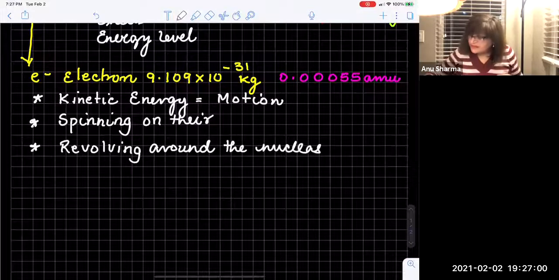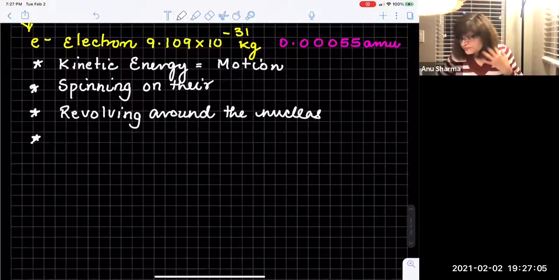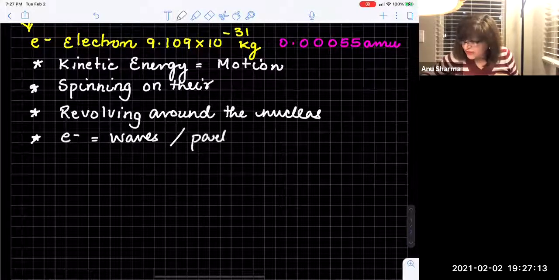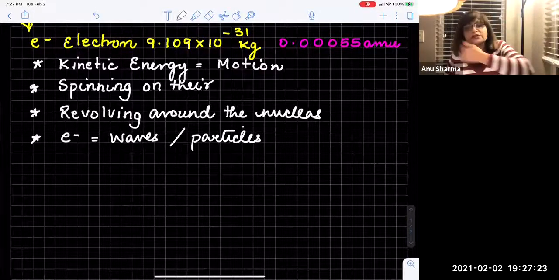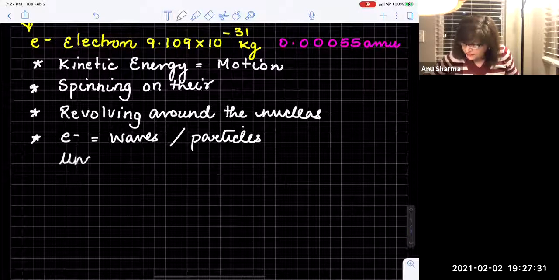Now, this is a very basic thing. Besides that, a little bit more advanced: electrons can exist as waves, and electrons can also exist as particles. The reality is that at one point of time, it is hard to determine whether the electron is existing as a wave or as a particle. So we don't know. That is why there is this uncertainty principle.